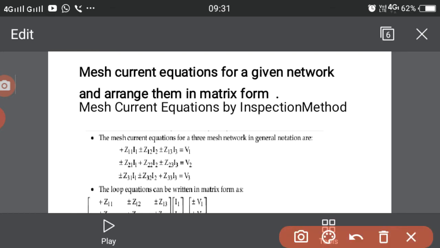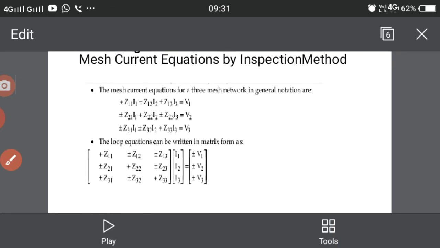In the general mathematical representation, the mesh current equations for three mesh currents are: V1 is equal to Z11 I1 plus or minus Z12 I2 plus or minus Z13 I3. V2 is equal to plus or minus Z21 I1 plus Z22 I2 plus Z23 I3.